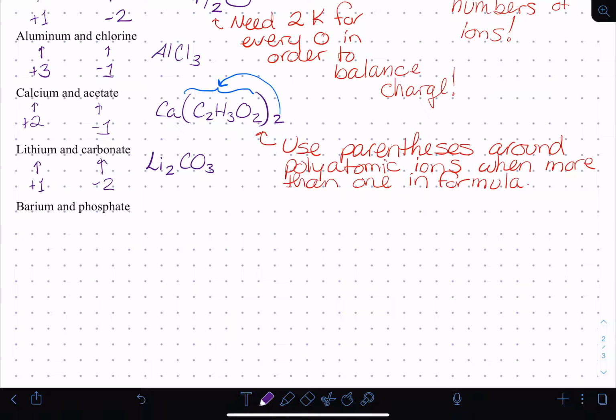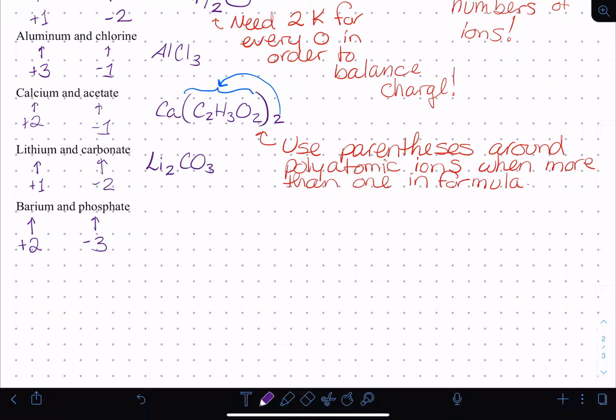And then last but not least, barium is in the second column, so it will have a +2 charge. Phosphate is a polyatomic ion with a -3 charge. So in order to balance our charges out, you can't have half an atom. We can't use fractions as our subscripts.